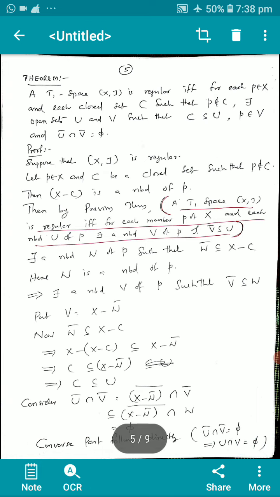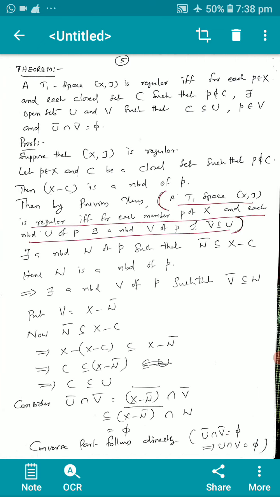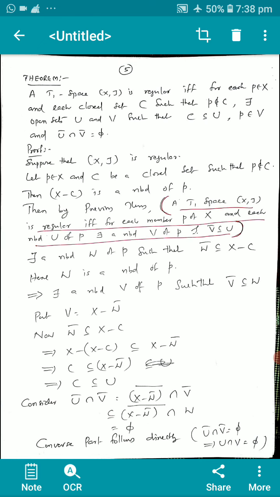Next theorem: a T1 space X is regular if and only if for each P in X and each closed set C such that P is not in C, there exist open sets U and V such that C is a subset or equal to U, P is in V and U bar intersection V bar equals phi.